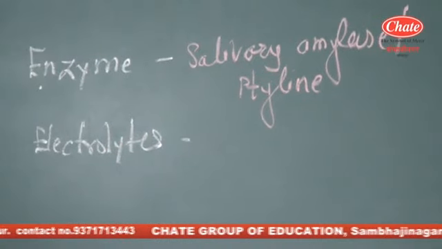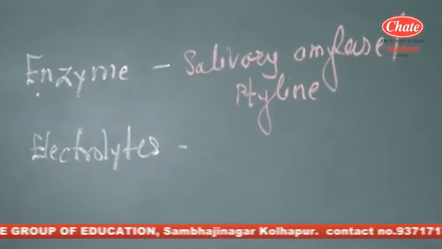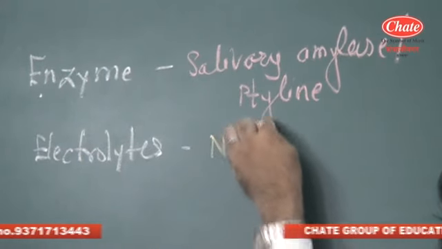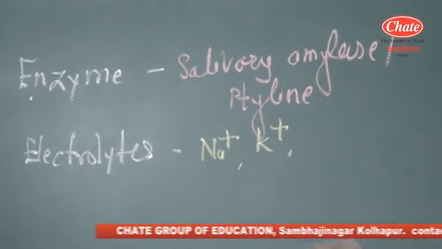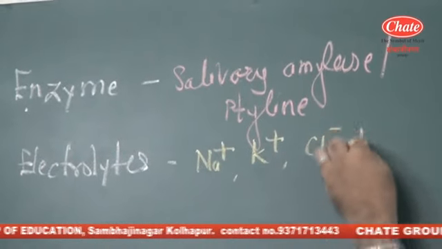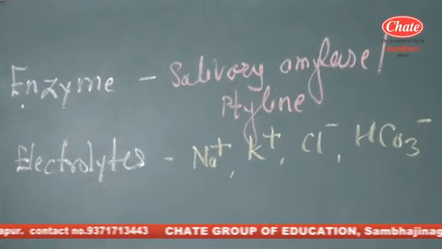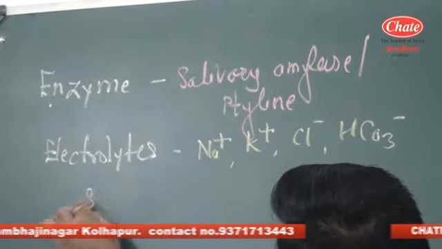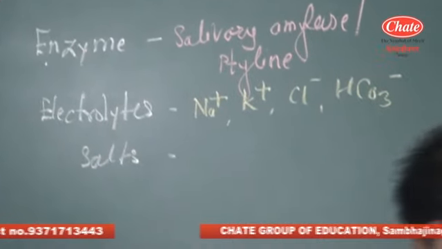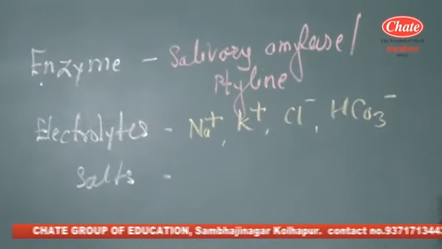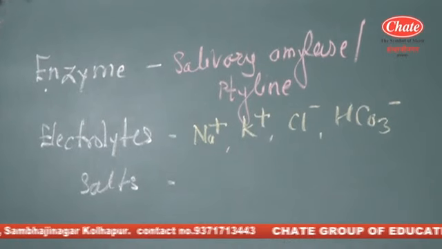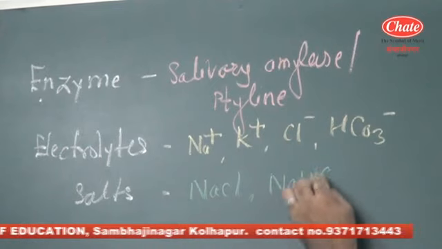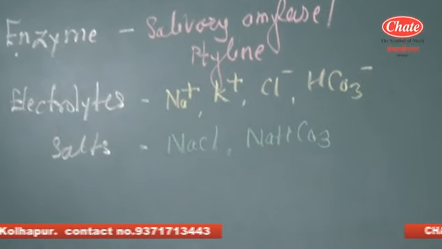These electrolytes present are Na+, K+, Cl- and HCO3-. So these electrolytes are present in the saliva. Then salts present in saliva, like NaCl and NaHCO3. These are the salts.